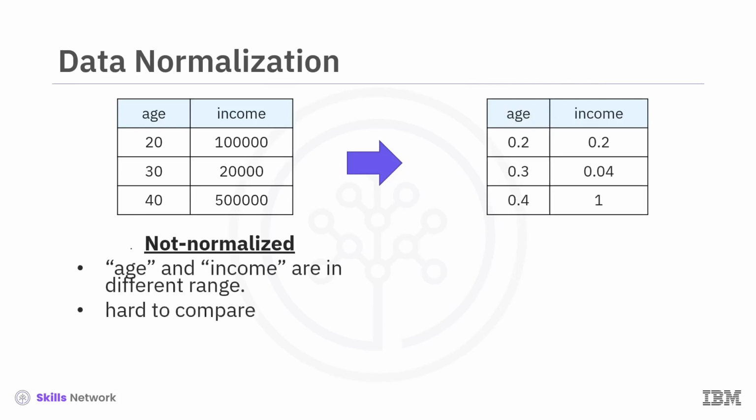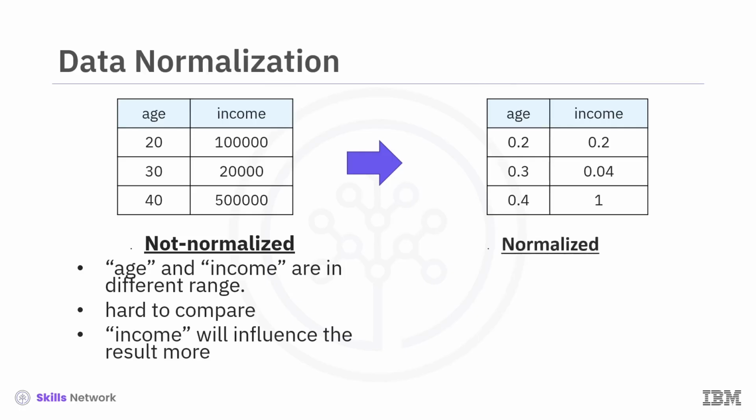When we do further analysis, like linear regression for example, the attribute income will intrinsically influence the result more due to its larger value, but this doesn't necessarily mean it is more important as a predictor.